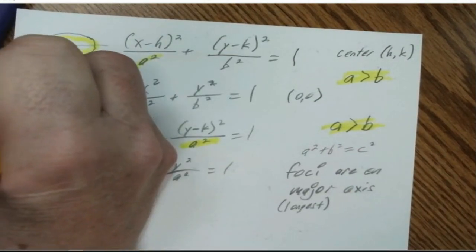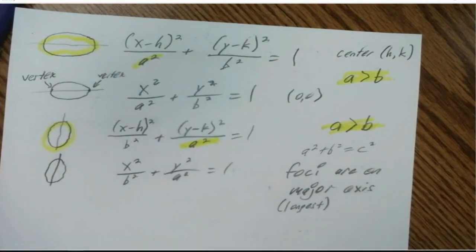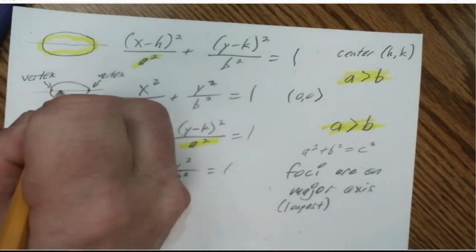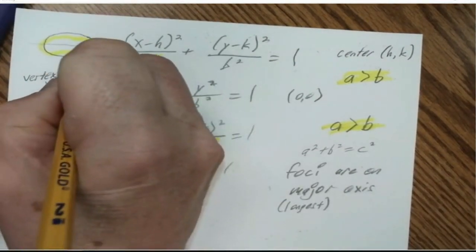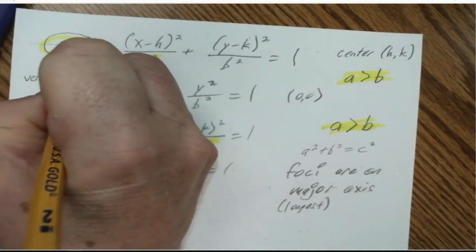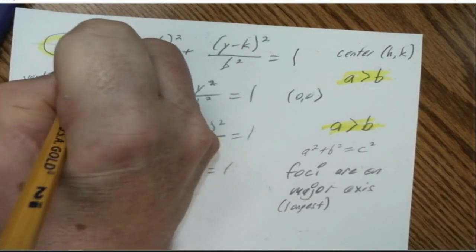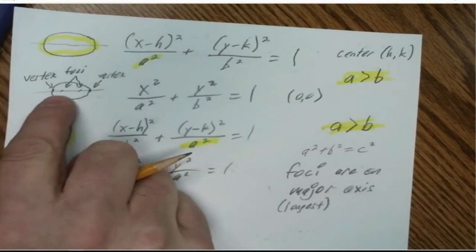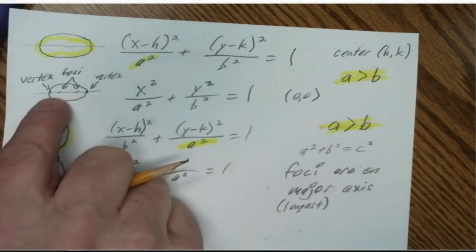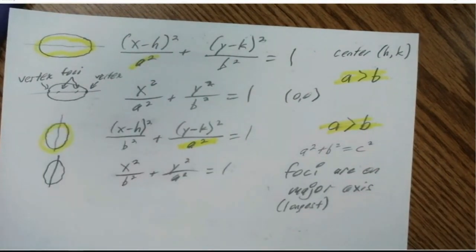See, there are two vertices for an ellipse. And the foci would be in here, right? So we got the two foci that will be inside there, and they will be in line with the vertices. They will all be on that major axis.